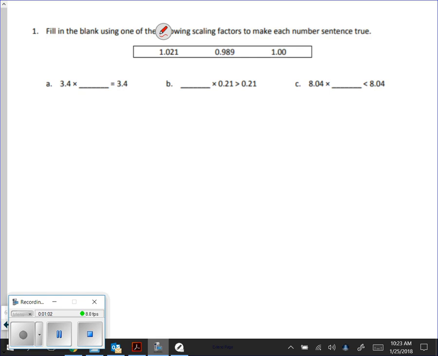So I'm going to prove to you, because there are some students who do not believe me. I'm going to take 989 thousandths and multiply it by, well, you know what? I'll multiply it by 1.